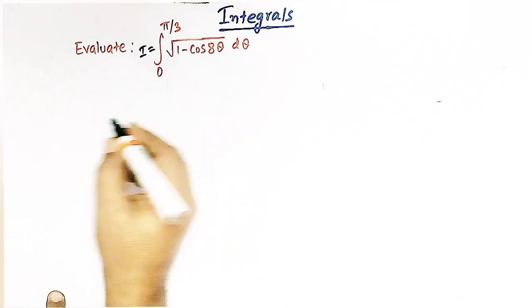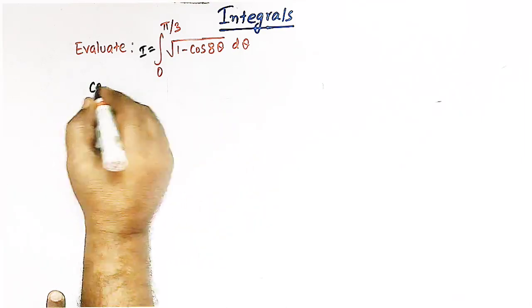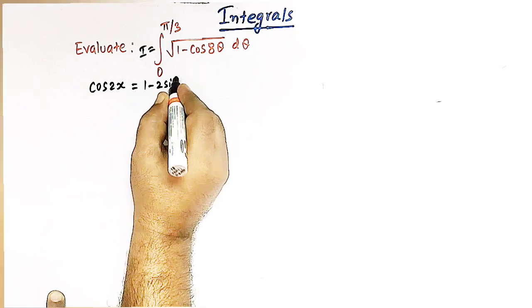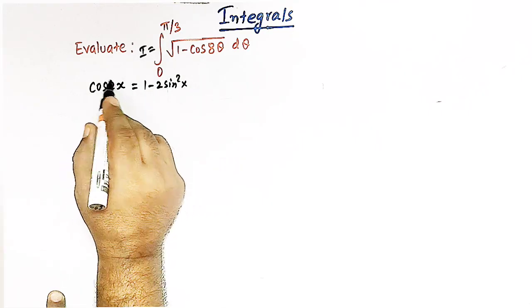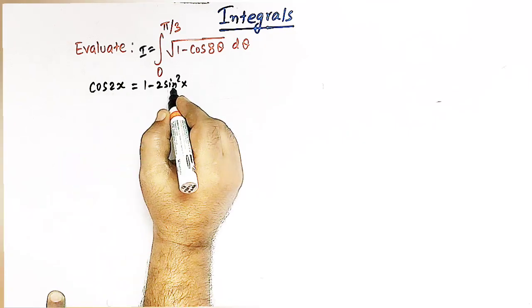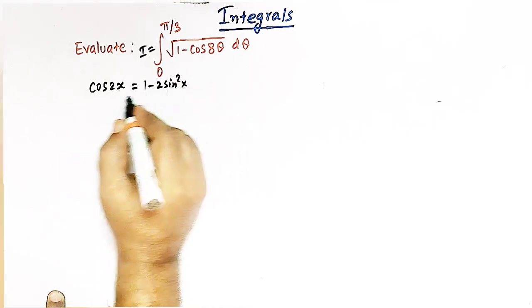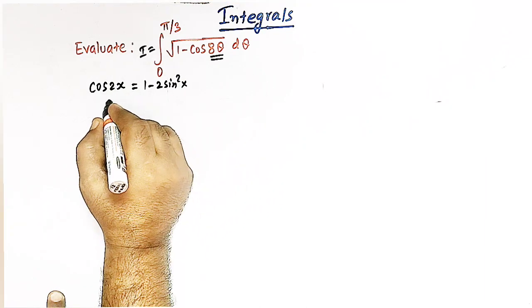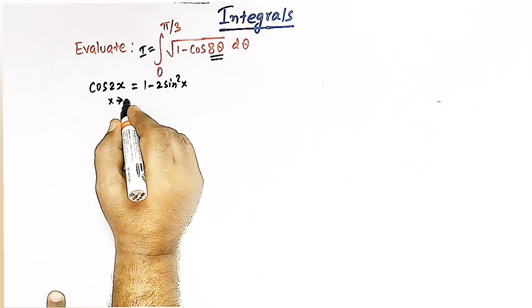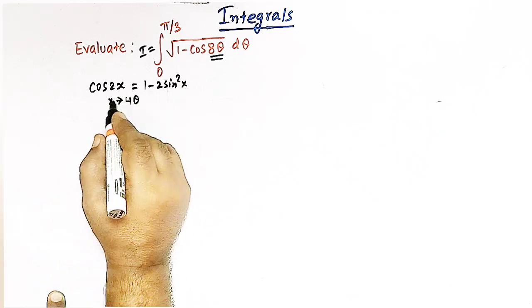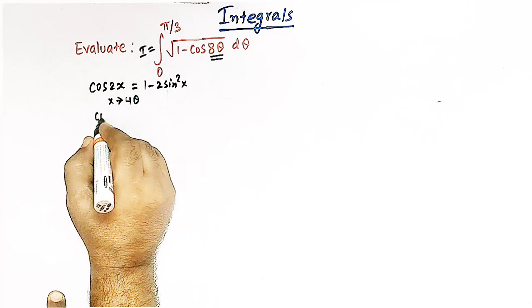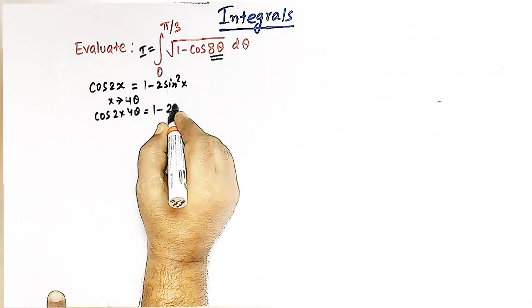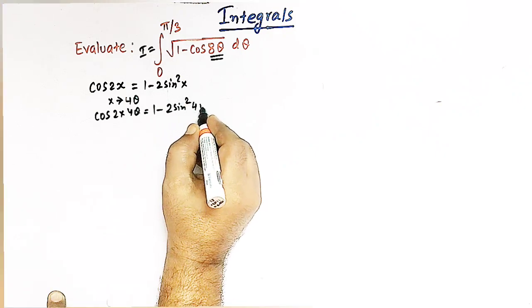From the double angle formula, we know that cos of 2x is given by 1 minus 2 sine square x. This is the double angle formula for the cosine function in terms of the sine function. Here we have cos of 8 theta, so we will replace x by 4 theta. We get cos of 2 times 4 theta, which is 1 minus 2 sine square 4 theta.